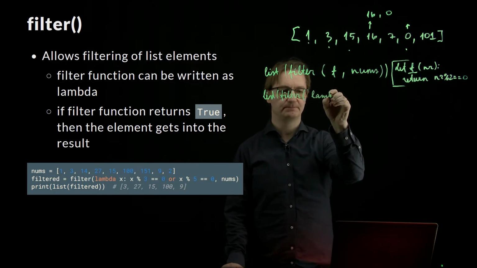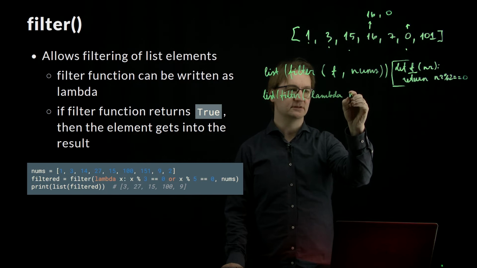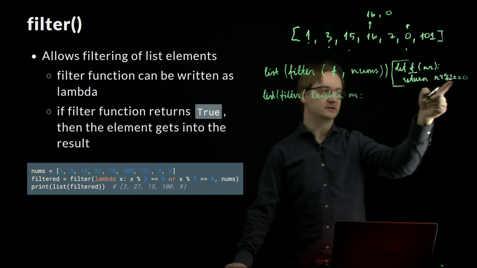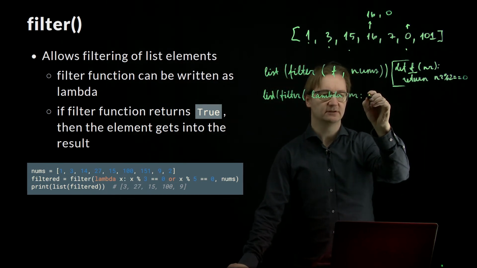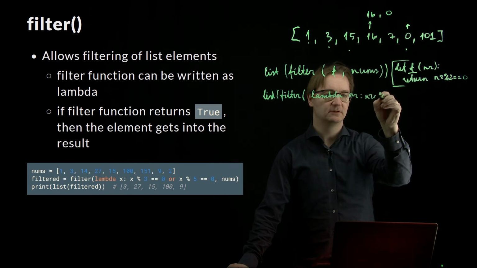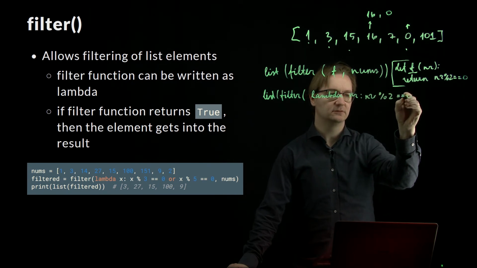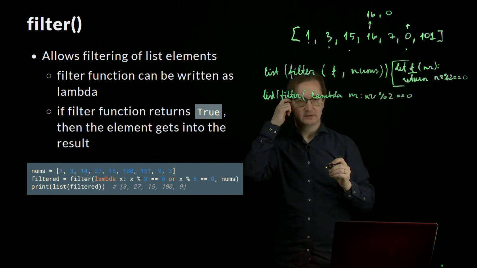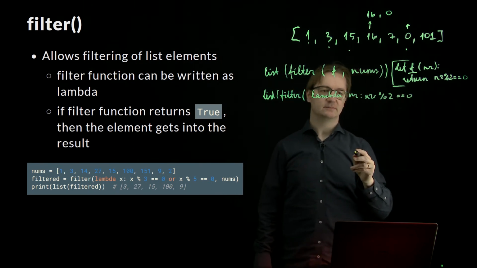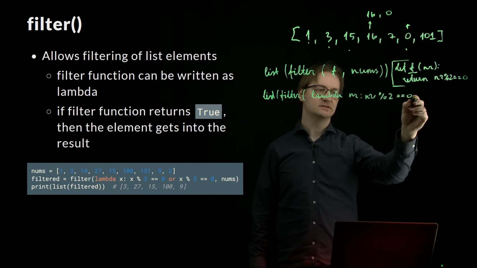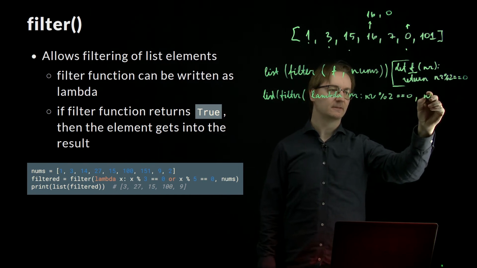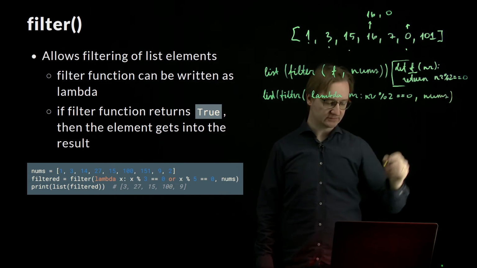So lambda, let's say it's number, and now I write this part which I return here, number modulo 3 equals 0. If it's true, then this element is taken, and if it's false, then it's not taken.